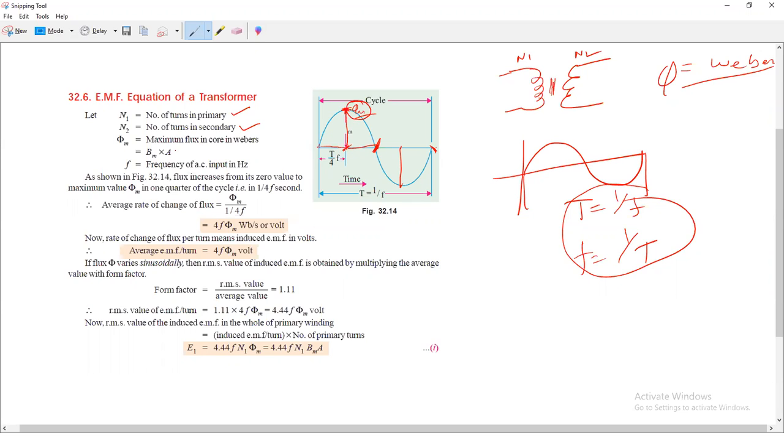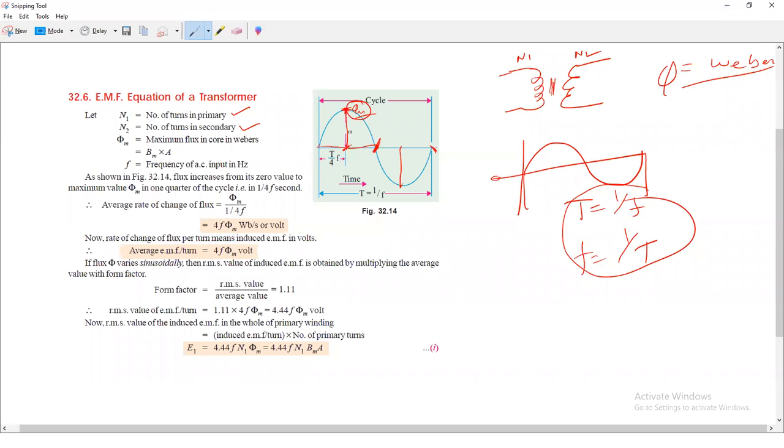And you know that flux is equal to flux density into area. A means the coil area.